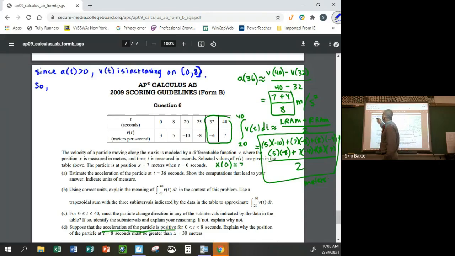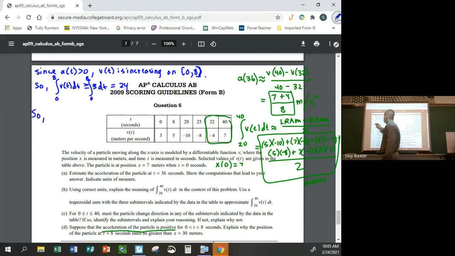So the integral from 0 to 8 of b of t dt has to be greater than or equal to the integral from 0 to 8 of 3 dt, which is 24.